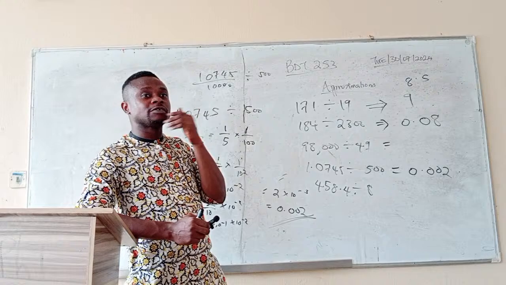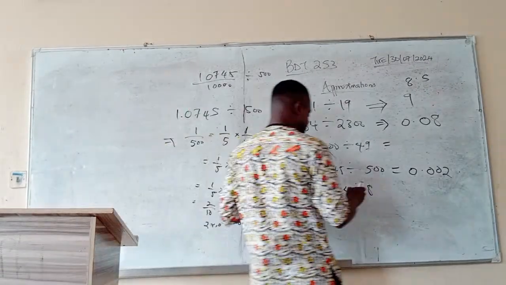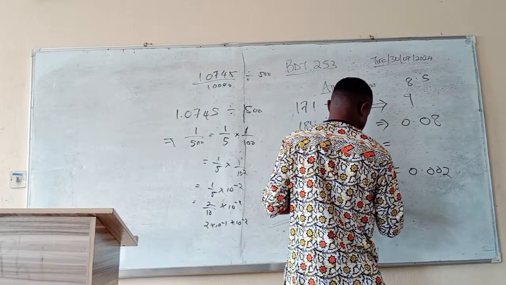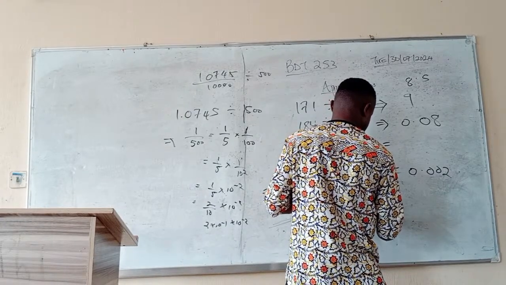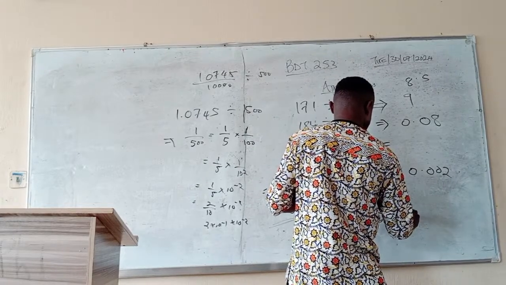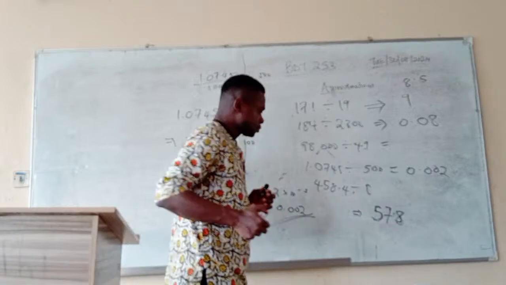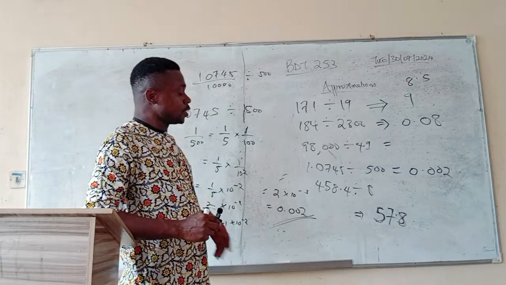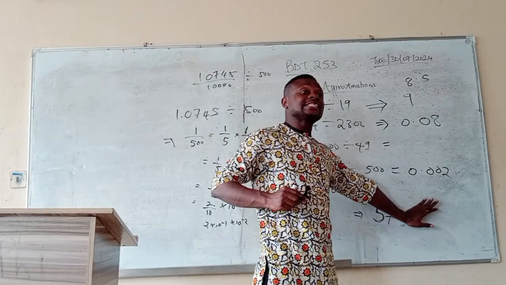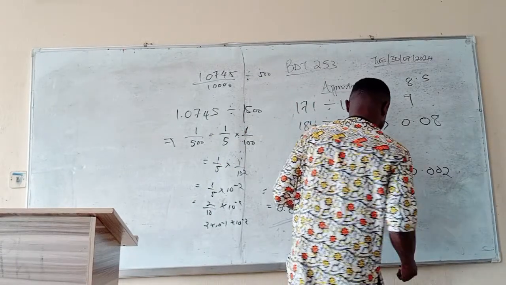What is the actual value? 50 what? Point what? 0.8. Then can 8 divide 46 comfortably? Is it possible?